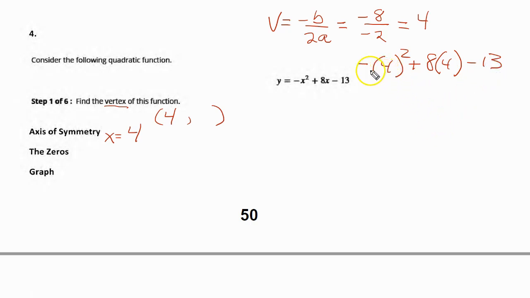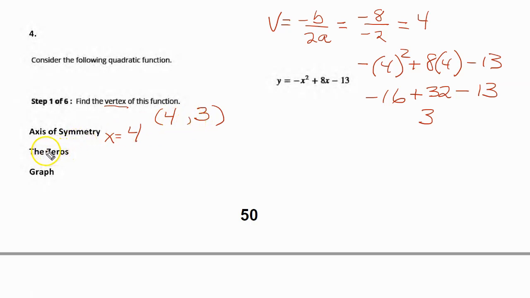Okay, so squaring, and we had done this a lot earlier in our class. 4 squared is 16, but because of the negative outside, this becomes a negative 16. 4 times 8 is 32, and then minus 13. Well, when we add these, we get a negative 29, and a positive 32 leaves us with a 3. So our Y value here is 3, and that is our vertex.